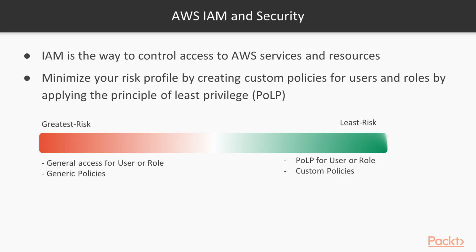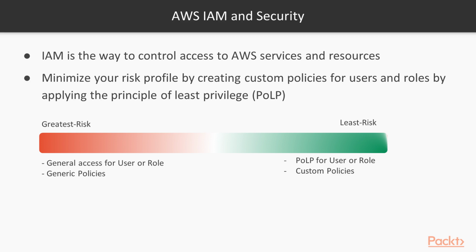You can minimize your risk profile by creating custom policies and applying the principle of least privilege. The picture below shows a risk profile. On the left-hand side, which is the greatest risk, you have general access for users or roles, and that access is built from generic policies.